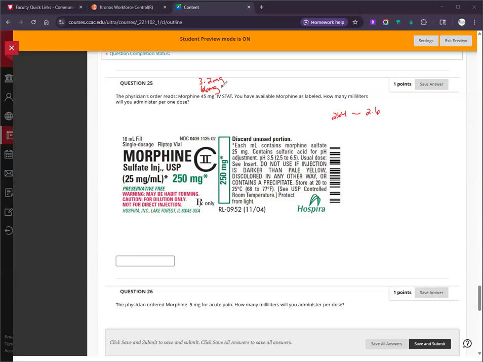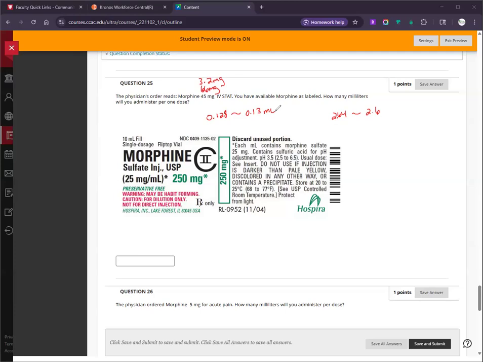If I had 3.2 milligrams as my order, how many ml would I administer? Yeah, this is where you would see the rounding. All of you are writing 0.13. You get 0.128, and then you would round that to 0.13. So you got it. That's what that would look like.